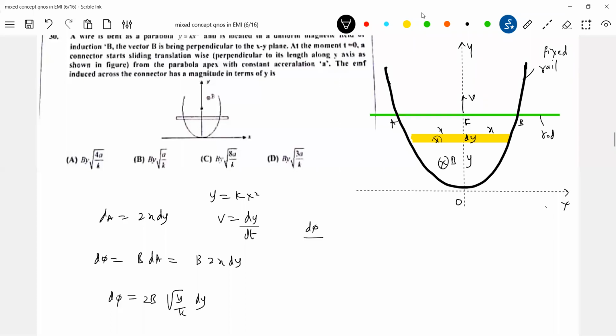d phi by dt equal to 2B root k, root y dy is there. So this we have to differentiate.